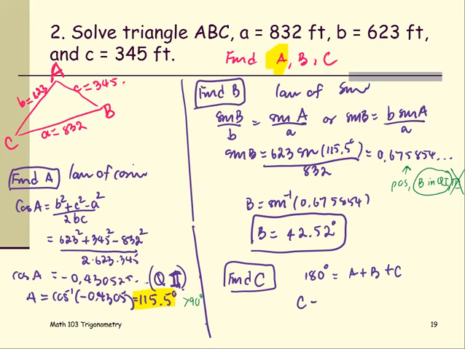So angle C is 180 degrees minus 115.5 degrees minus 42.52 degrees, and it turns out to be C equals 21.98 degrees.